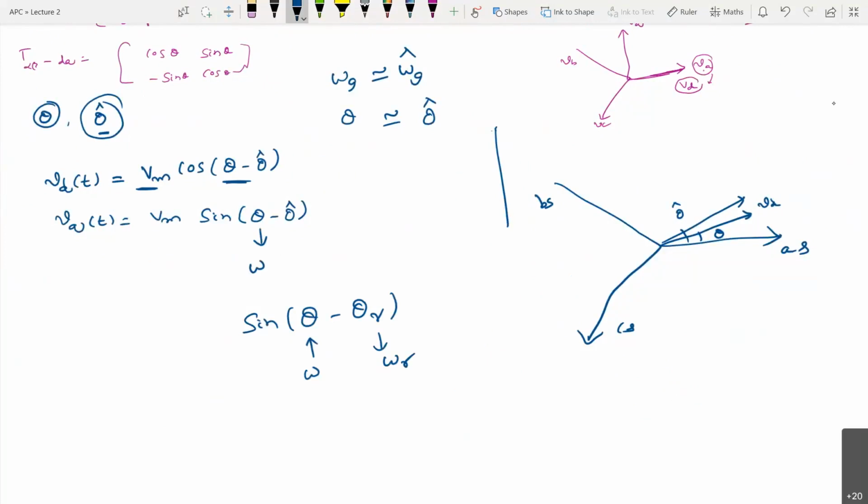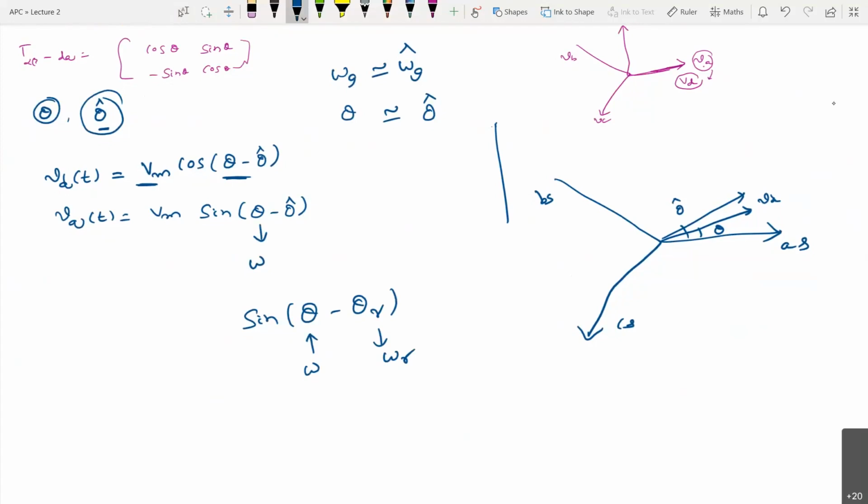So this is due to omega grid, and this is due to the PLL. You remember this? When you model the synchronous machine in the rotor reference frame, these are the equations you will get for the mutual inductance between the rotor and stator. It consists of sine theta minus theta r terms. So one is the arbitrary one, and this omega r is the rotor reference one.